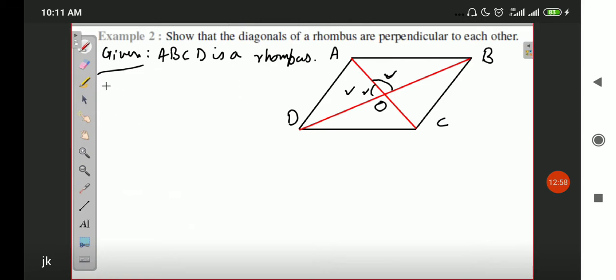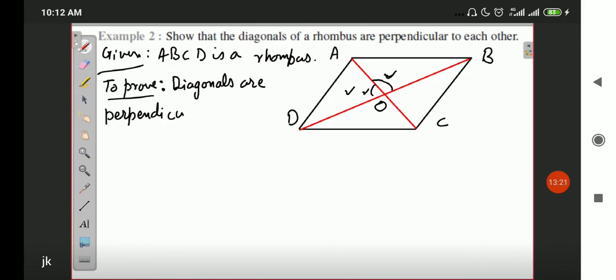To prove, we need to prove that diagonals are perpendicular to each other. So we'll start with the proof.